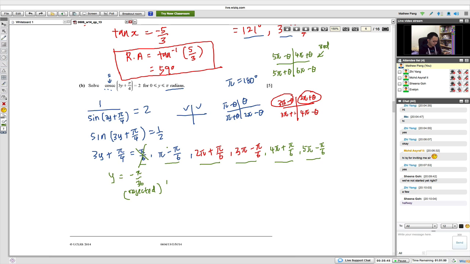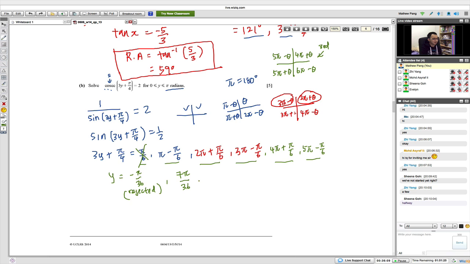Second one will be pi minus pi over 6, then minus pi over 4, then divided by 3. This one will be 7 pi over 36. Then I will move on to calculate the next one.